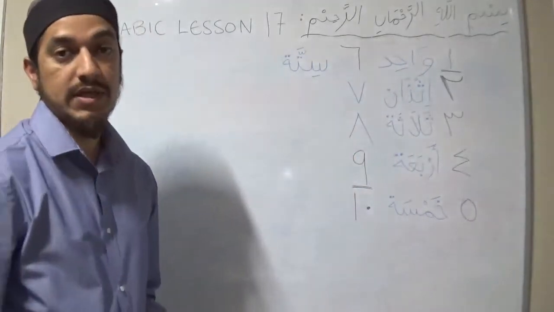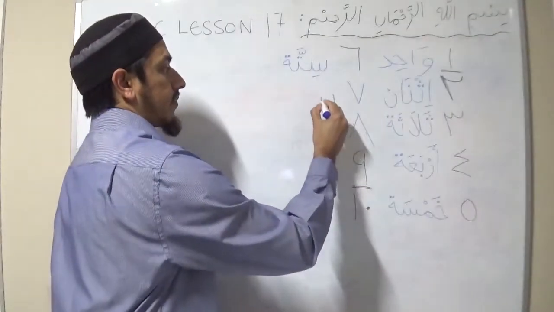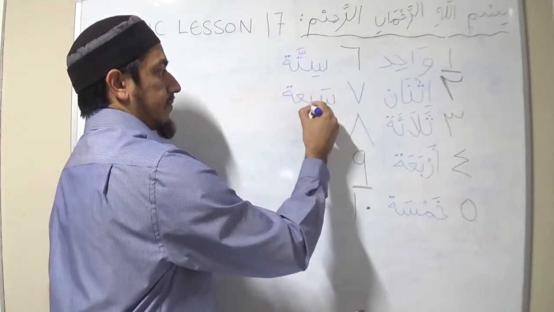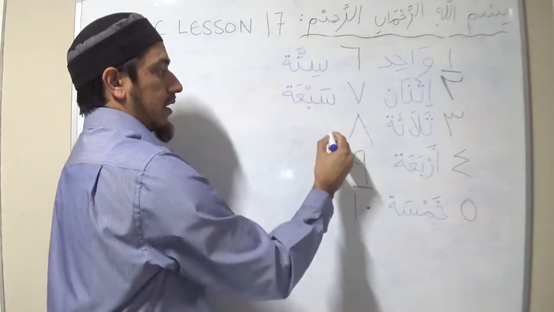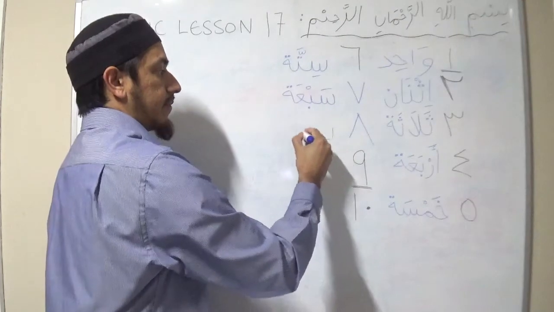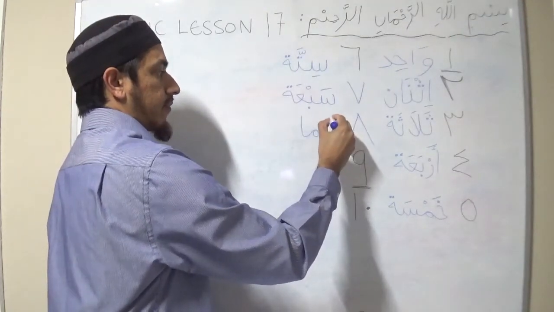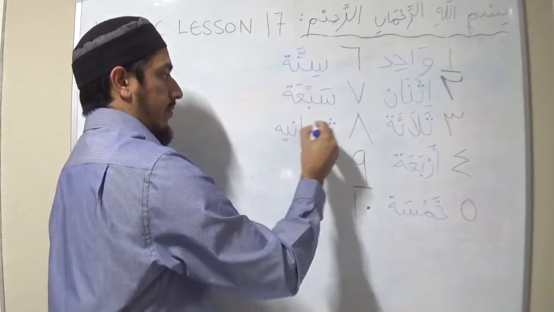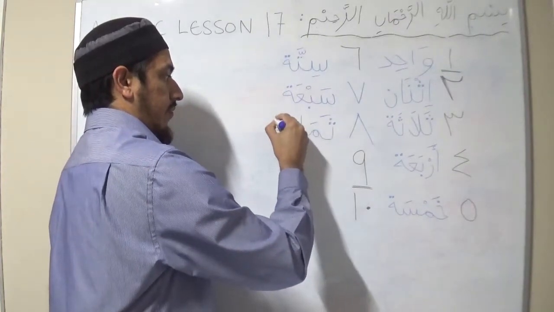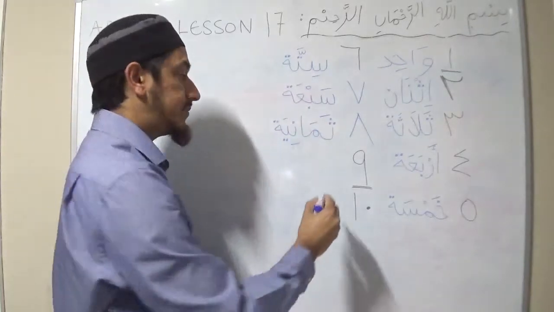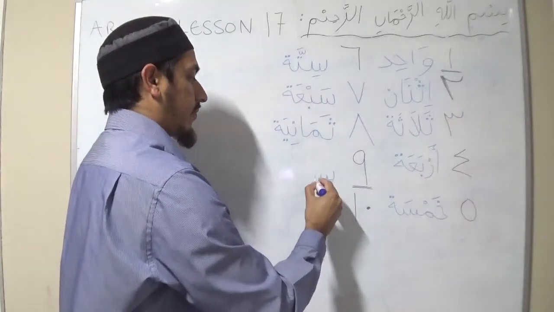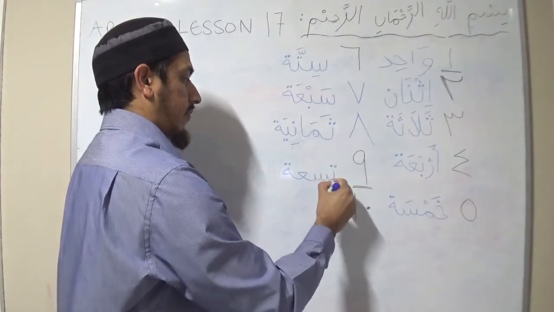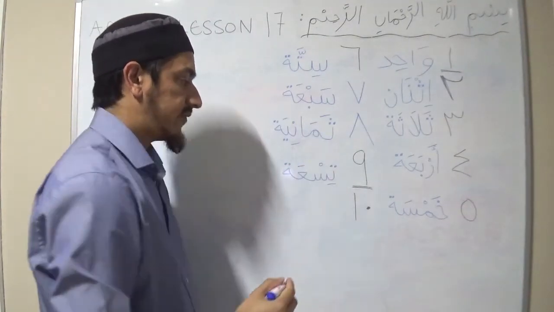So we have سبع, ثمانية, and تسع, and finally عشرة.